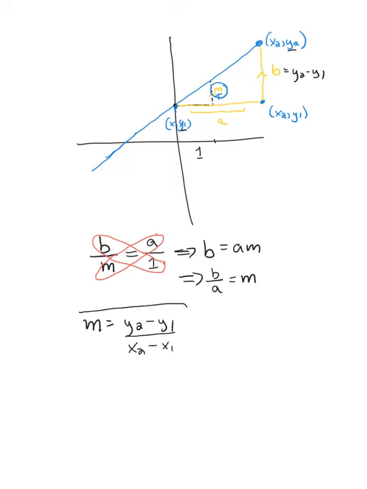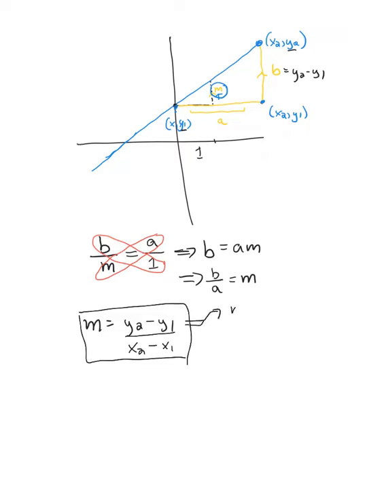So here we are. What does this tell us? This tells us that we can figure out the slope just by looking at the coordinates of any 2 points on the line.